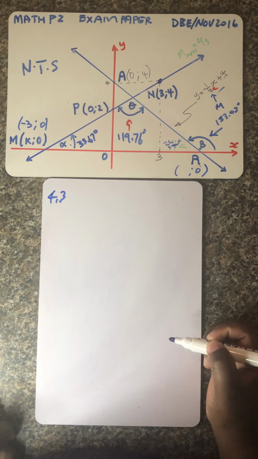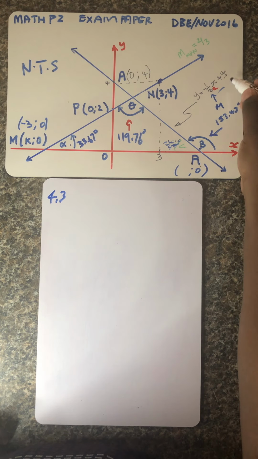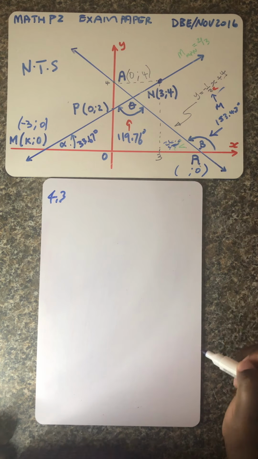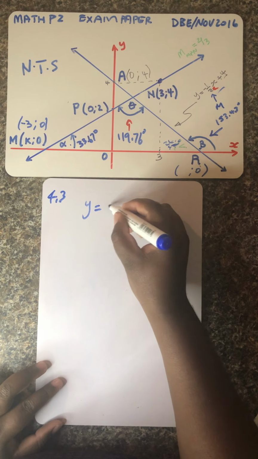We don't know the x value at that point. So how about we use this formula to calculate the x-intercept at that point?